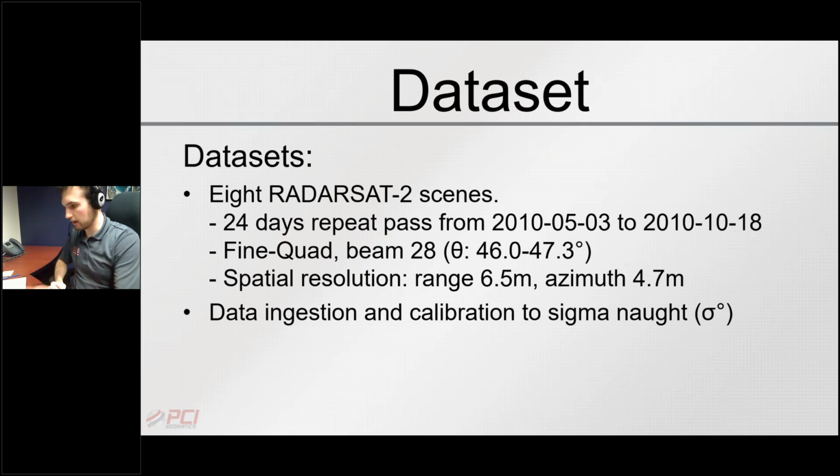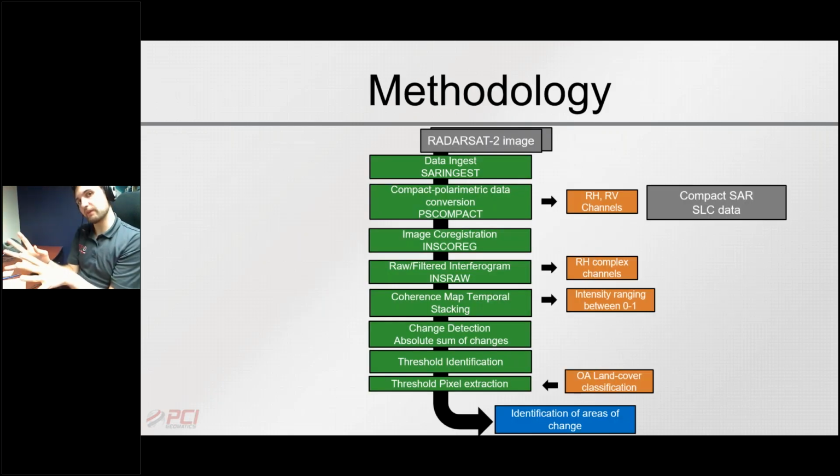So we worked with 8 RADARSAT-2 scenes between May 3rd and October 18th, 24 days between each image, and the data was ingested and calibrated with sigma naught. And this, of course, is also over the city of Ottawa. So just to go over the methodology and workflow that we utilized.